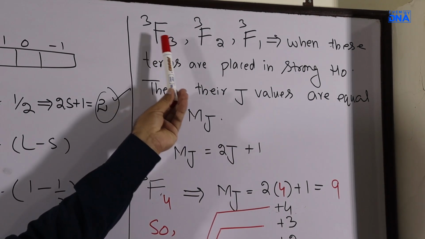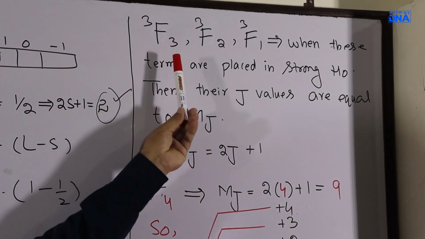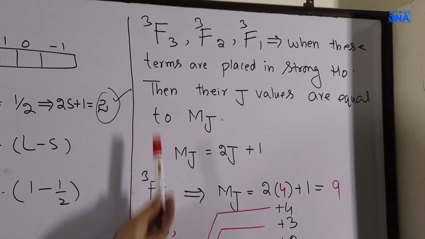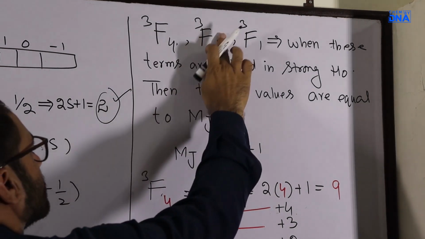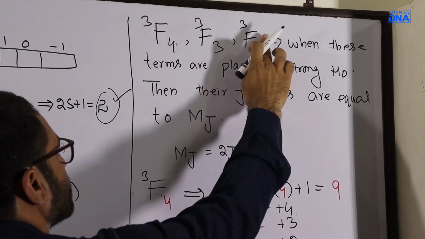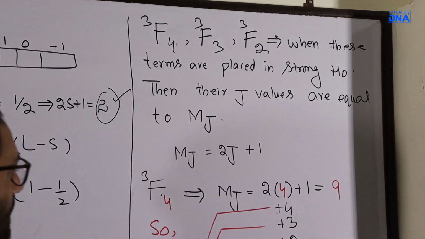For the first spectroscopic term, you have the J value 3, and this is 4, this is 3, this is 2.